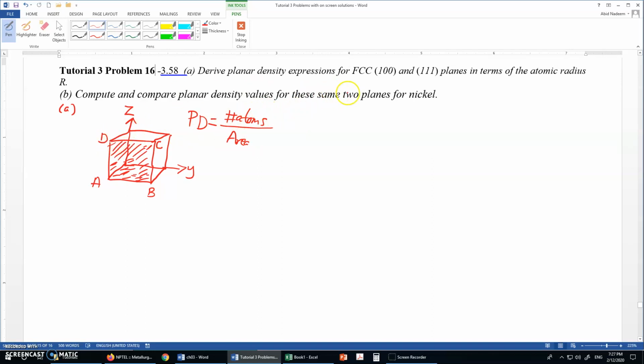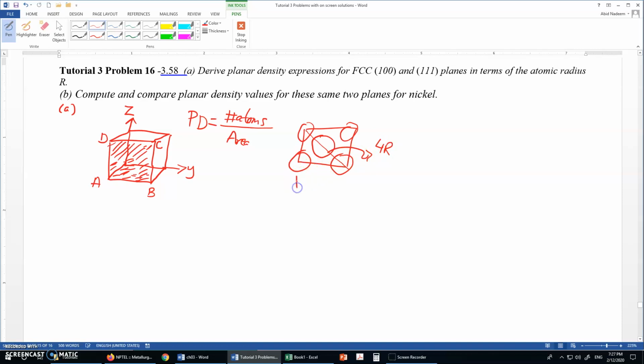Since this is an FCC structure, there are 5 atoms here: 4 atoms at the corners and 1 atom at the center. Since these diagonal atoms touch each other, the diagonal will be equal to 4r.